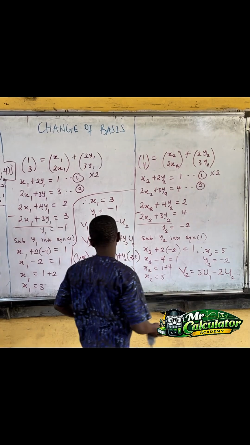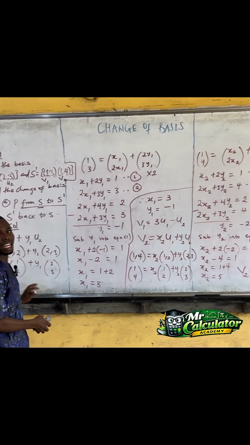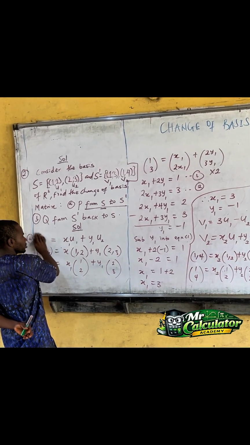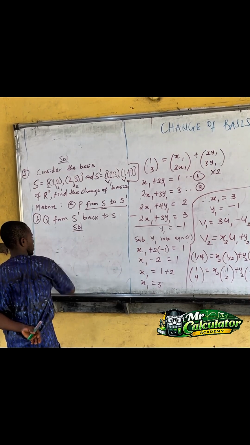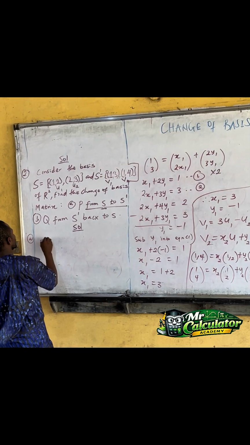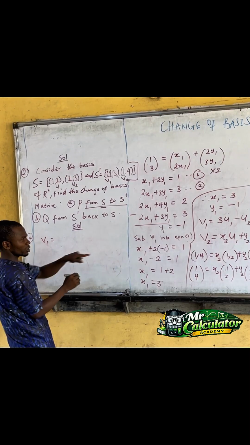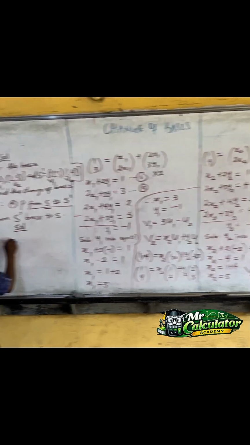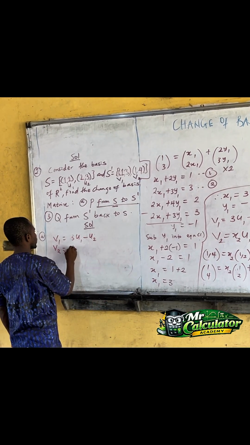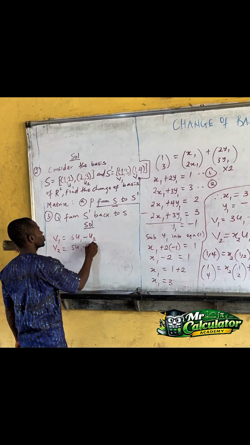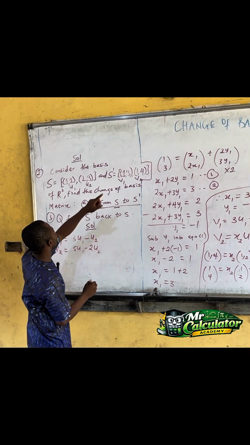So now, making reference to v1 and v2, since I've gotten my v1, please don't forget I'm still in question A. I just finished question A. v1 is 3u1 minus u2, and v2 is 5u1 minus 2u2.